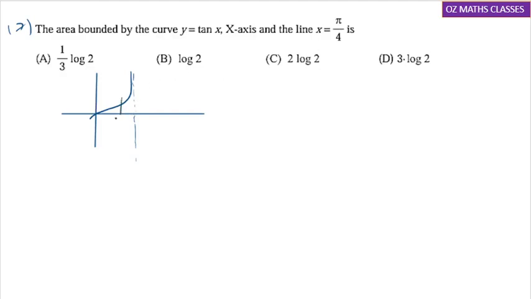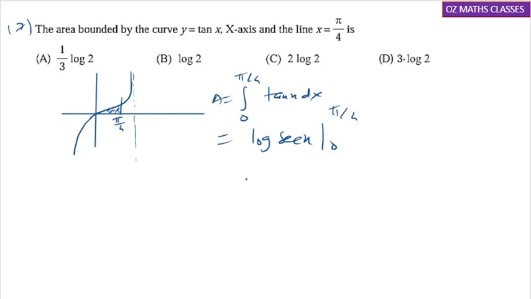This is the graph of tan x. So we have to find the area between the x axis and line x equal to pi by 4. So the area will be integral from 0 to pi by 4 of tan x dx. Integration of tan x is log of sec x, from 0 to pi by 4.